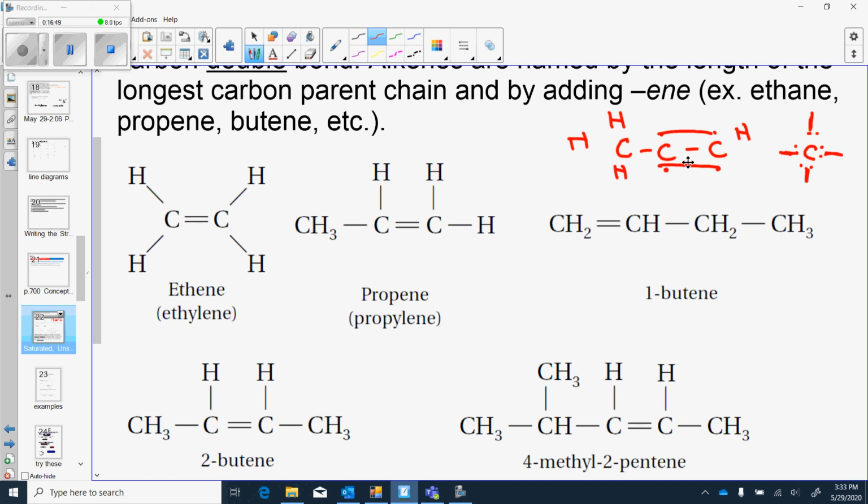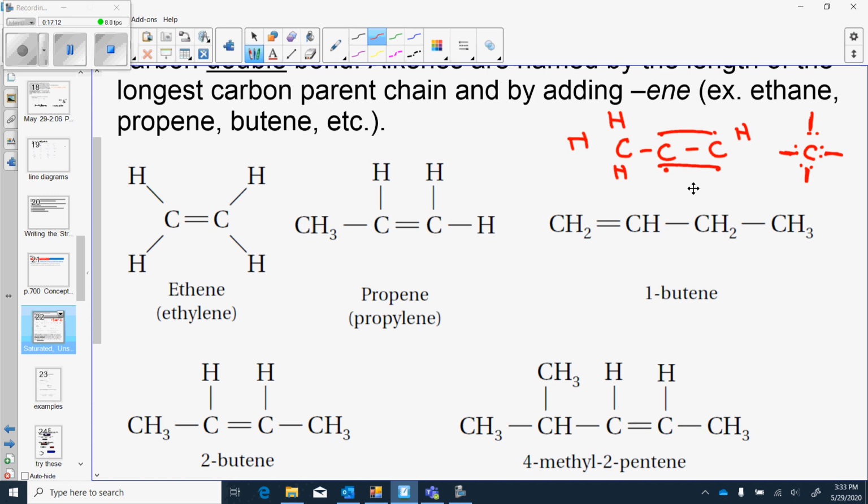It's because it has multiple covalent bonds between carbons, either a double bond or a triple bond. There's some compounds that have a double bond and a triple bond. And we have a saturated hydrocarbon when those double bonds aren't there. Okay? All right, so when we look here, I hope that's clear.